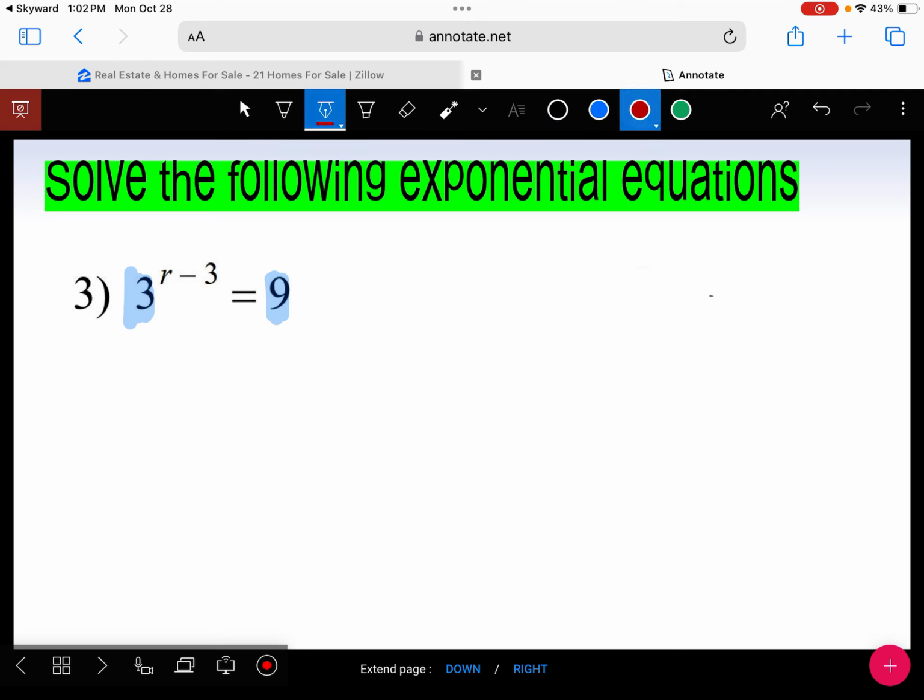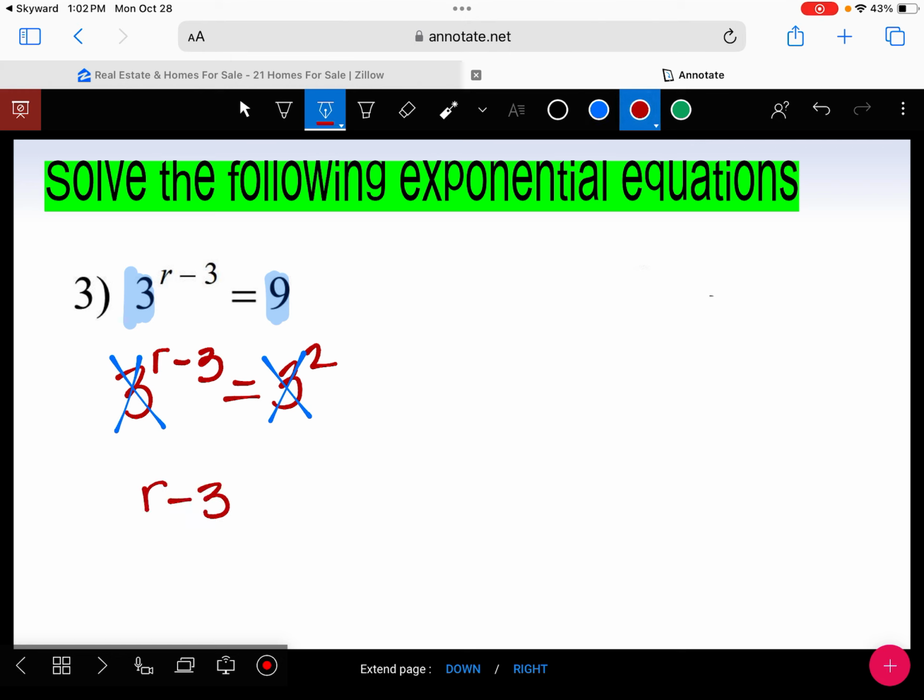So I can rewrite a base 9 with a base 3. 3 to the what power is equal to 9? 2. So instead of 9, we can rewrite the number 9 as 3 squared. So I have 3 to the power of r minus 3 equals 3 squared. Drop the 3's.